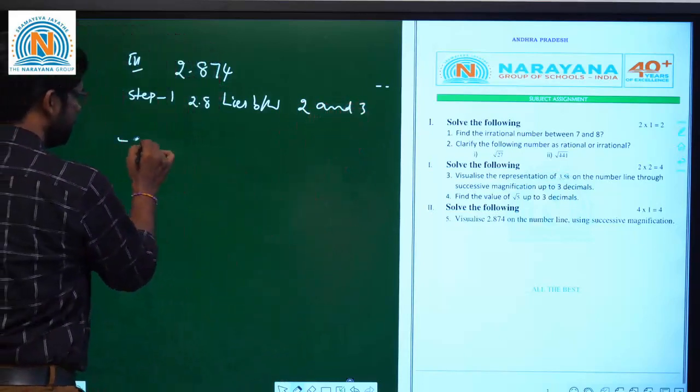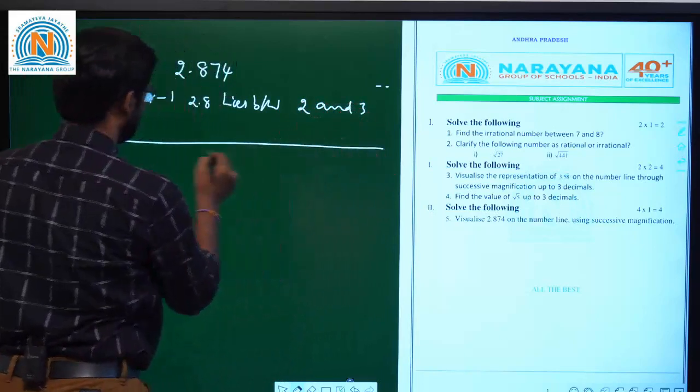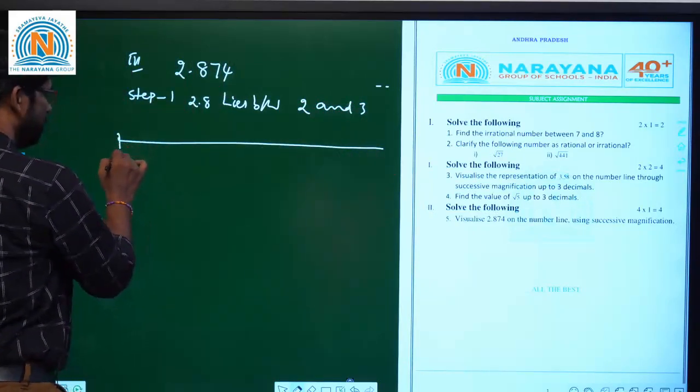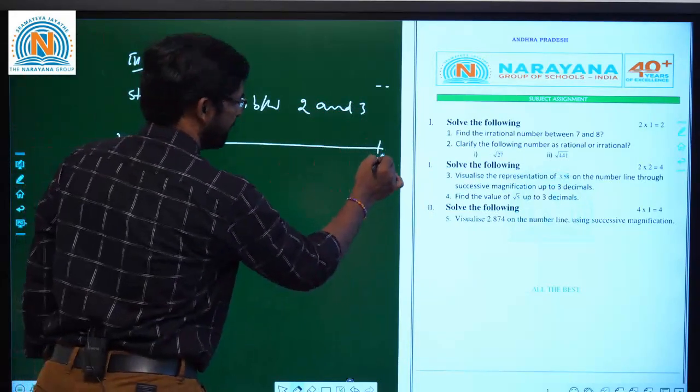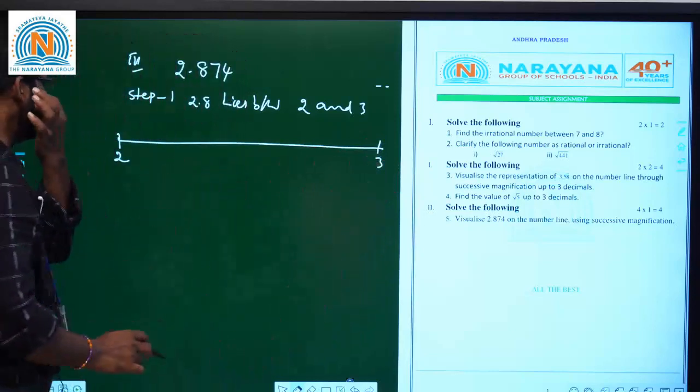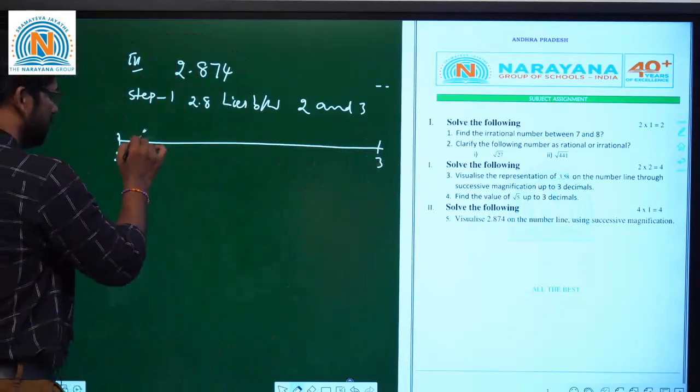So draw the number line. Here is 2 and the end digit is 3. So each unit is divided into 10 equal parts.